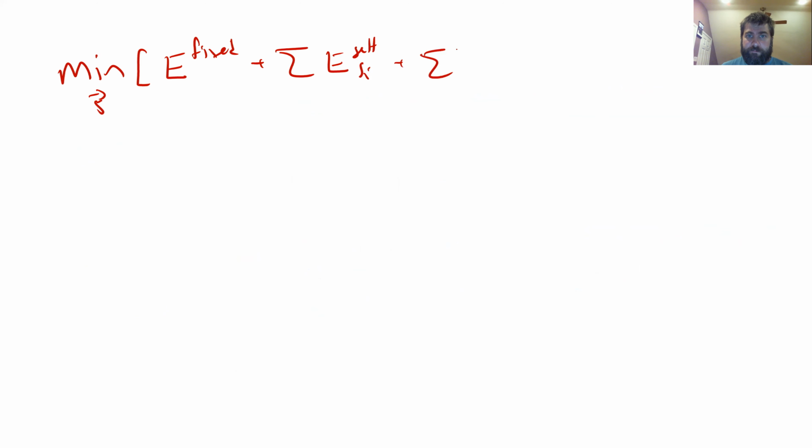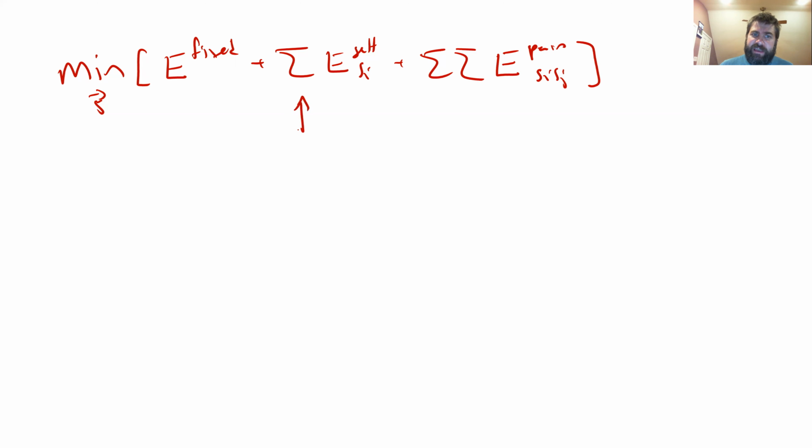Now, in this optimization, we can do this in two different ways. We could write this using our full energy. I'm going to leave out the indices here, just for simplicity.